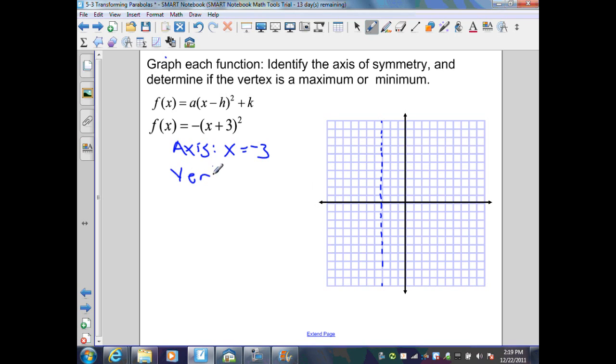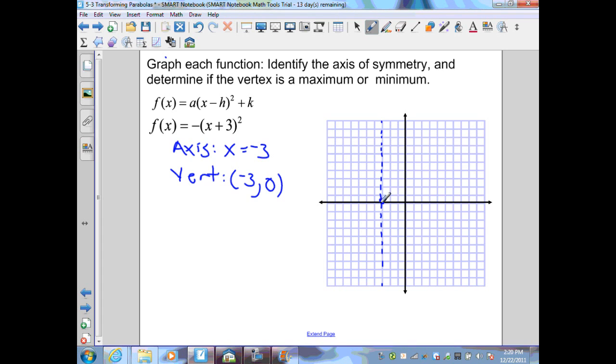Let's determine the vertex. We know that it is h, comma, k. H, we already determined, is a negative 3. K is outside my quantity. Here, I don't have a k, therefore it must be a 0. So my vertex is a negative 3, 0.